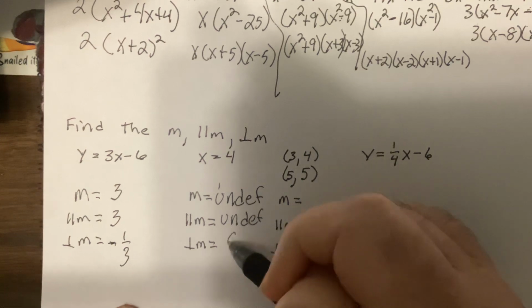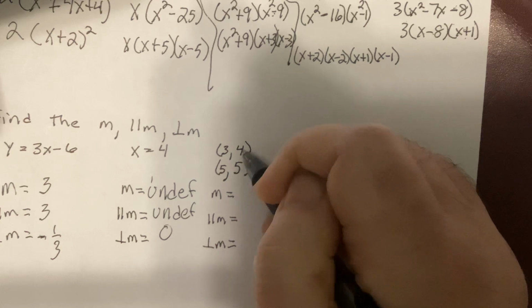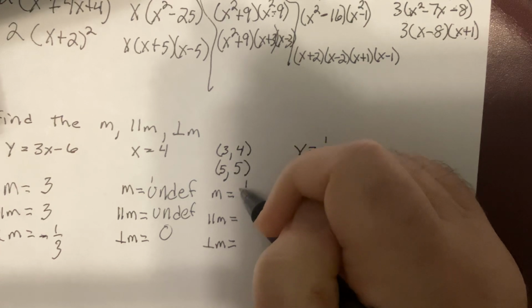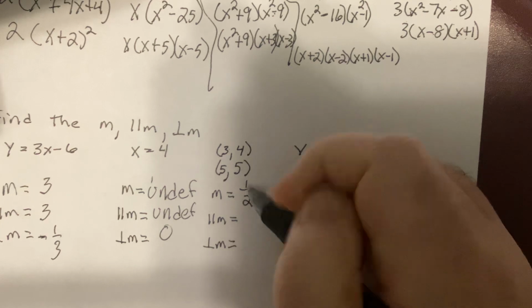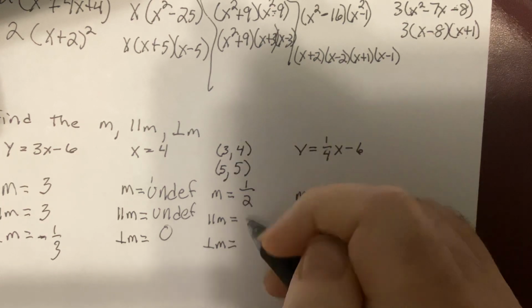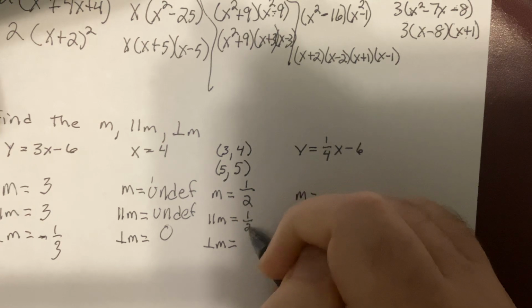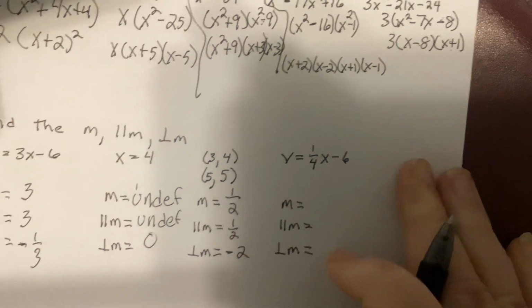Undefined. Perpendicular 0. So 5 minus 4 is 1 over 5 minus 3 is 2. Remember, it's always changing y over changing x. So parallel, a half, perpendicular, negative 2.